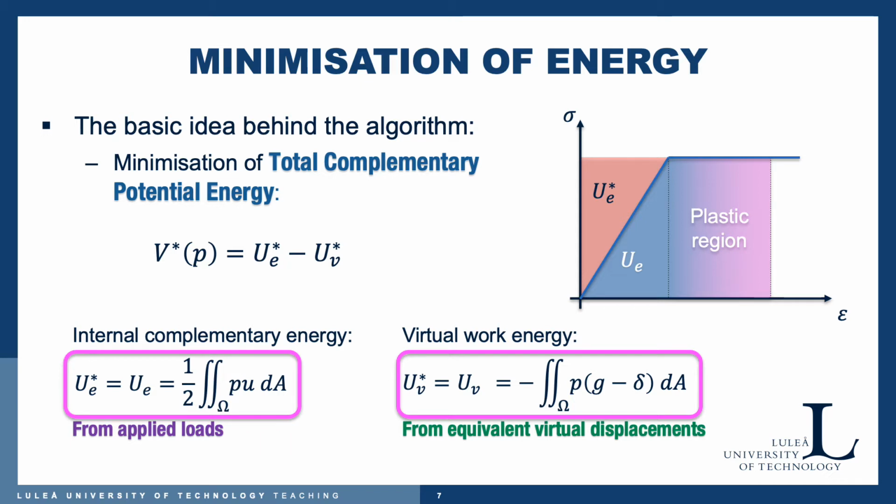And the virtual work is just given by this expression, and it represents the work caused by forcing the system into a state with equivalent virtual displacements as you have from the applied loads.